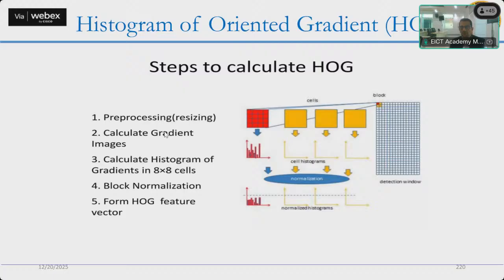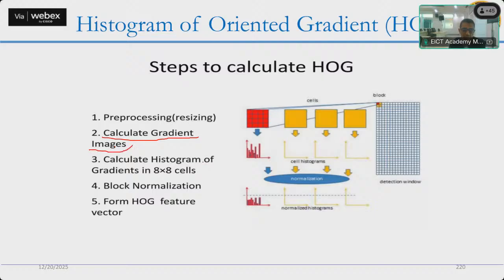Pre-processing means we bring all the images to the same size and the same color, either gray scale or red, blue, yellow, whatever it is. Then you calculate the gradient of the image. This is important.